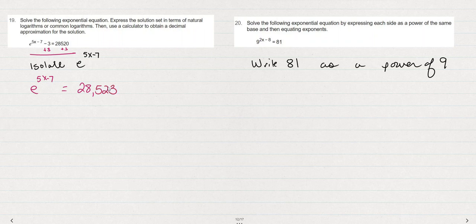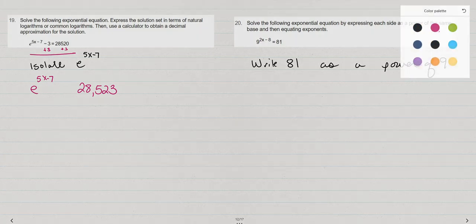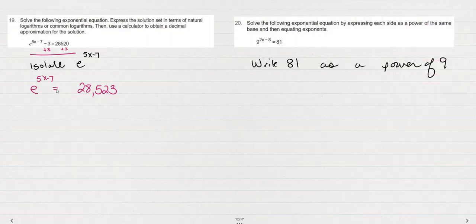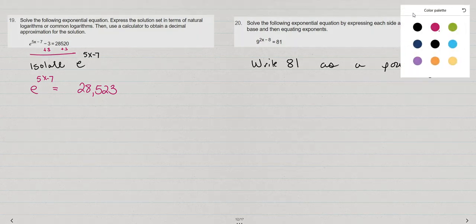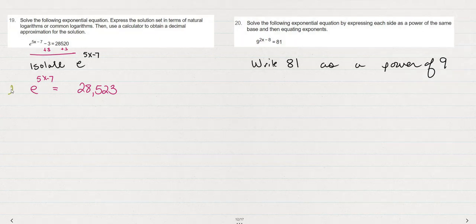28,523. And now to solve this, what I can do is throw a log at it. Because the piece we're missing is that exponent, if I take the log of both sides, I could use any base I want, but whenever there's an e in the problem, use the natural log.